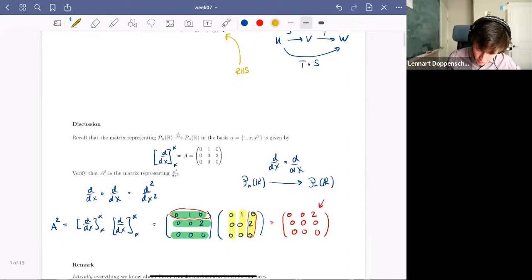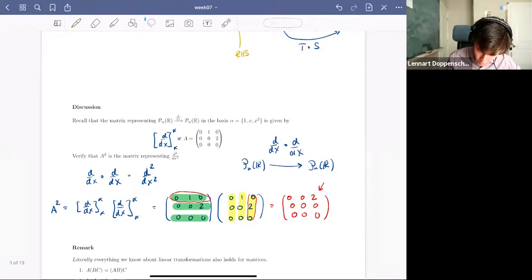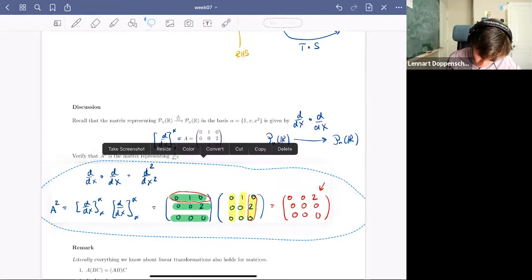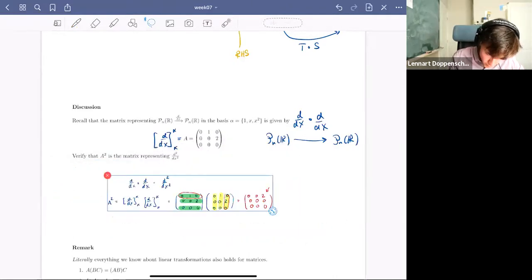For that, let me shrink this down a little bit. So this was the right-hand side.